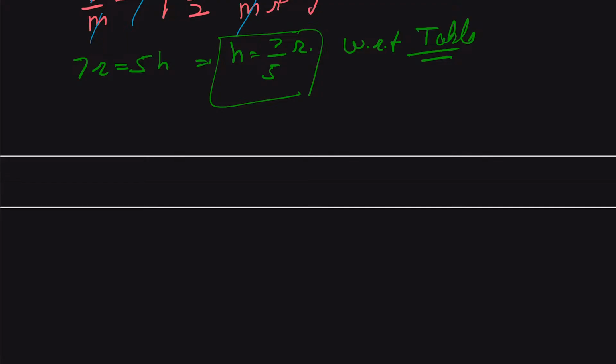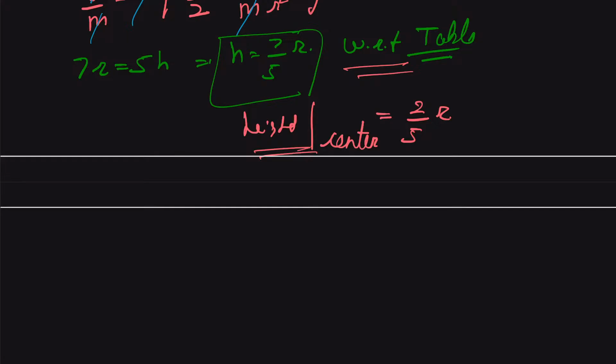So you can say that our height with respect to our center will be our h minus r, that is 7 by 5 r minus r. This will be coming as 2 by 5 r. So the height above the center, and this is height with respect to our table.